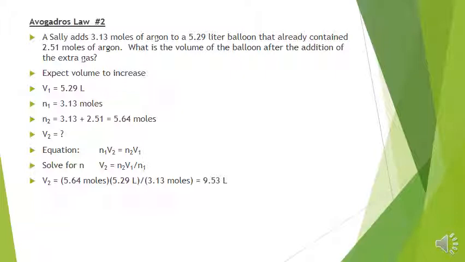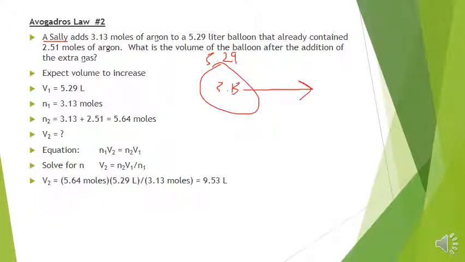Okay, here's the last problem. There's some girl or fella named Sally, and has 3.13 moles of argon in a 5.29 liter balloon. So 5.29 liters, and inside is 3.13 moles of argon.